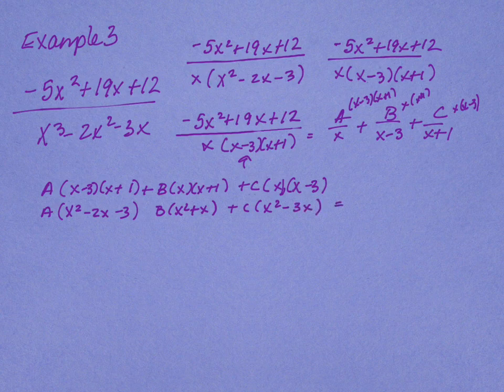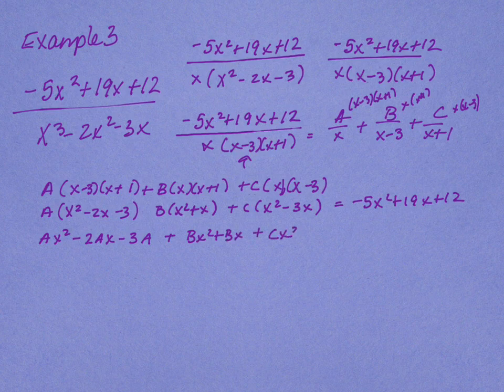This is all still equal to negative 5x squared plus 19x plus 12. So now, let's multiply this out. ax squared minus 2ax minus 3a plus bx squared plus bx plus cx squared minus 3cx is still equal to negative 5x squared plus 19x plus 12.